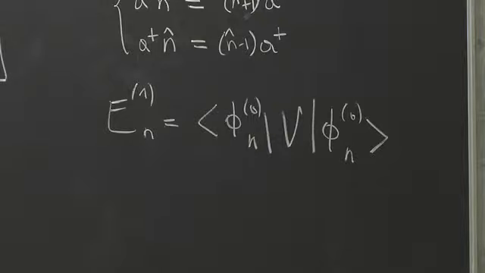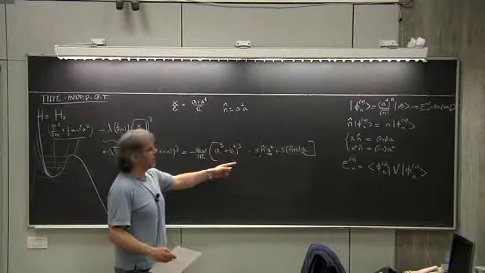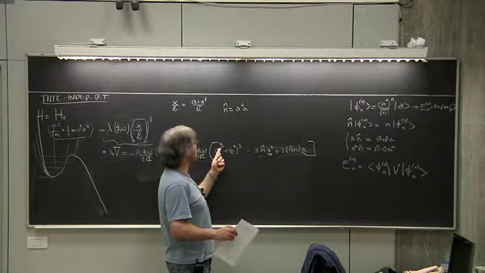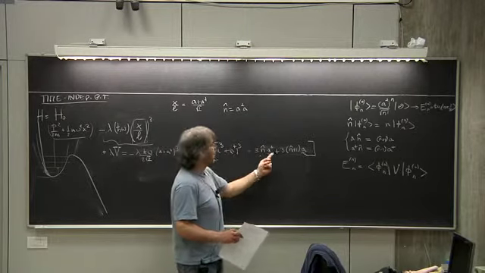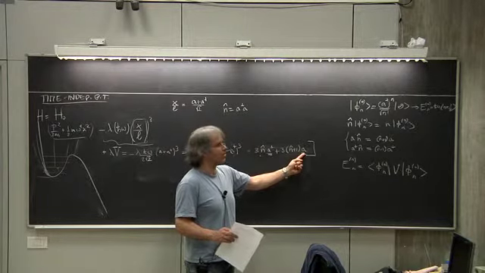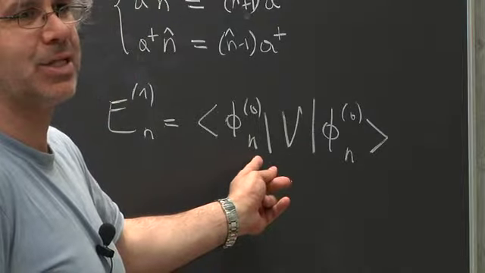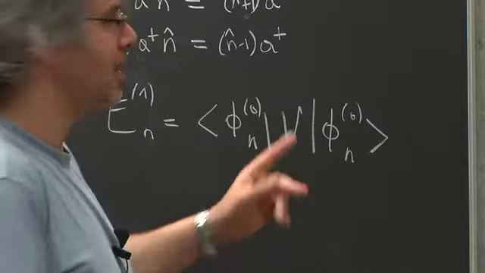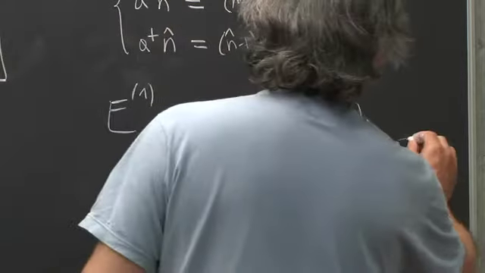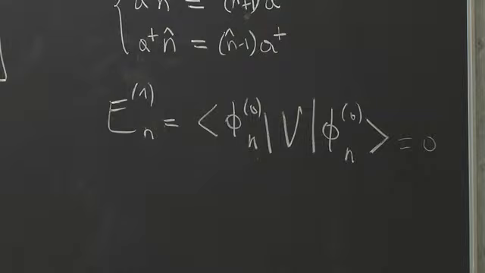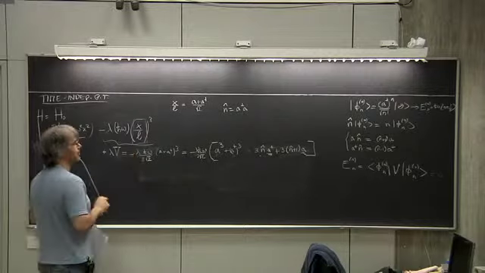Now immediately see that the perturbation never leaves the state untouched, because it creates or destroys 3 particles or 1 particle, okay? And therefore, the result is never n again. It's something different from n, okay? So this immediately shows that the first order perturbation is 0. No correction to first order in lambda.